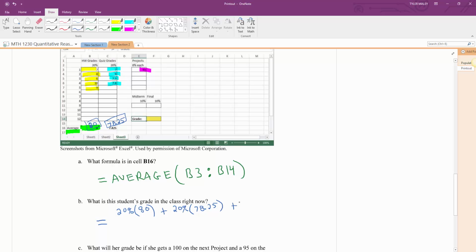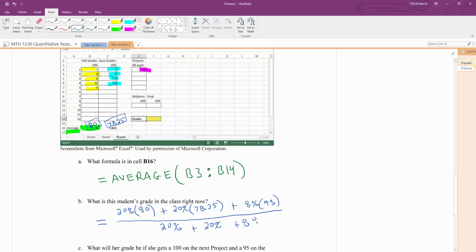And then plus, notice here it says 8% each, so each project is 8%. So we would have 8% times the one project we got 93 on, and then we would divide this by the sum of the weights, so divide this by 20% plus 20% plus 8%.